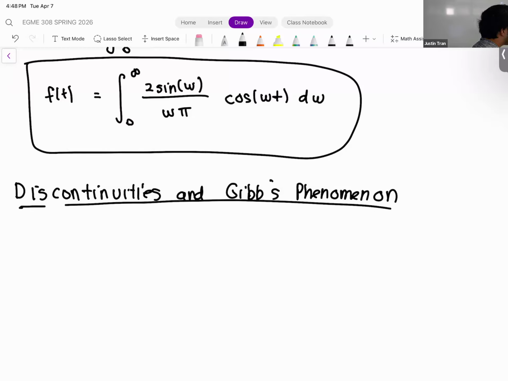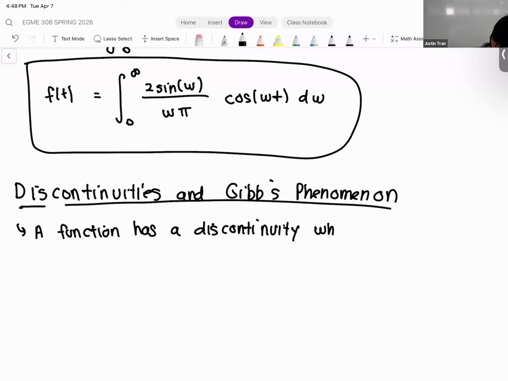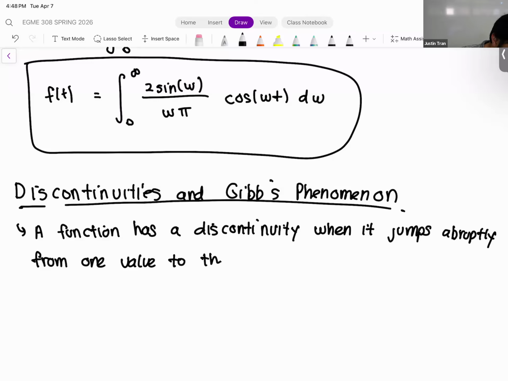So a discontinuity is basically whenever a function rapidly jumps from one value to the next.